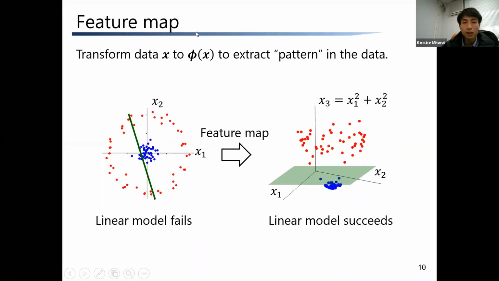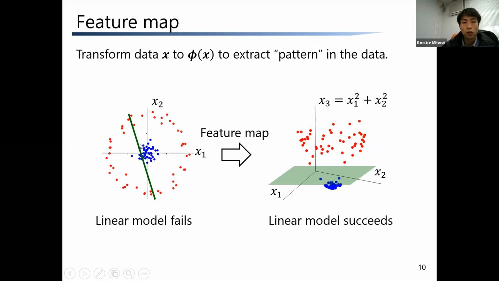So the feature map is a map that transforms data x to some other space phi x to extract patterns in the data. Maybe this example is the most used to explain what a feature map is. In this example, we have circle-like data on a two-dimensional plane.